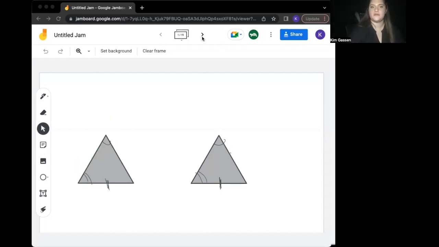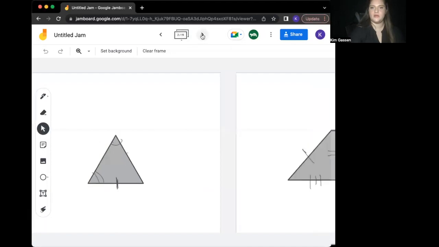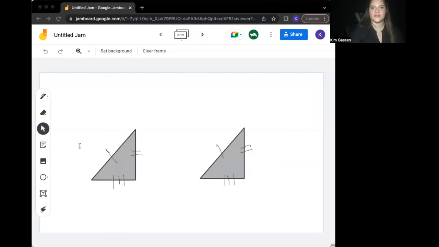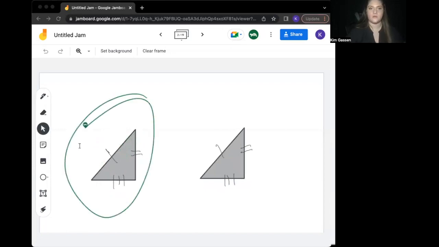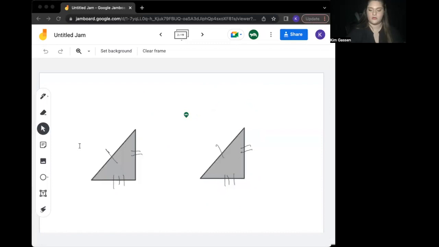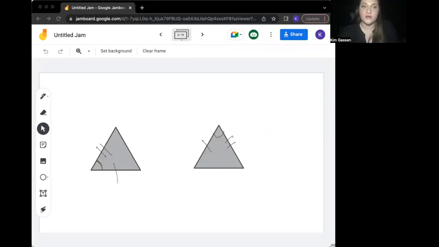Okay, so let's go through a couple of examples. Which rule of congruence is this one? Yes, this is side side side, because even if it doesn't give us a number, these dashes tell us that the three sides on this triangle are equal to the three sides on this triangle. What about this one? This side has one dash. Then we're given this angle, and then this side has two dashes.